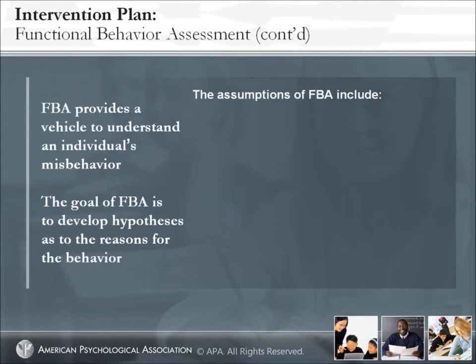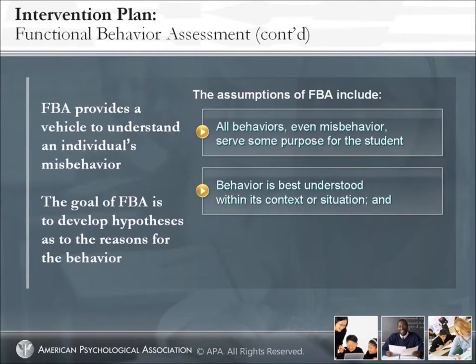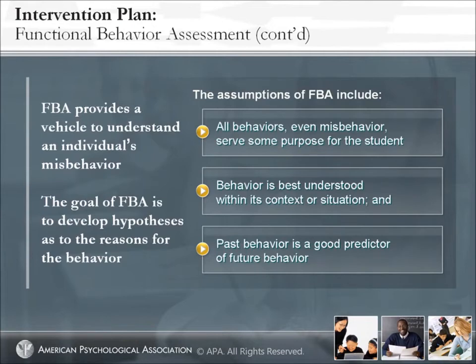The assumptions of FBA include: 1. All behaviors, even misbehavior, serve some purpose for the student. 2. Behavior is best understood within its context or situation. And 3. Past behavior is a good predictor of future behavior.